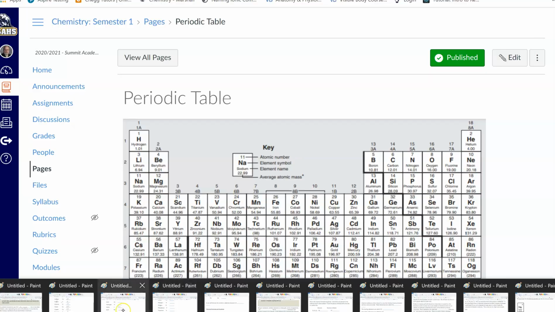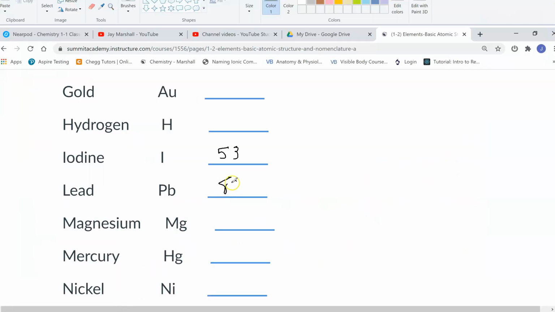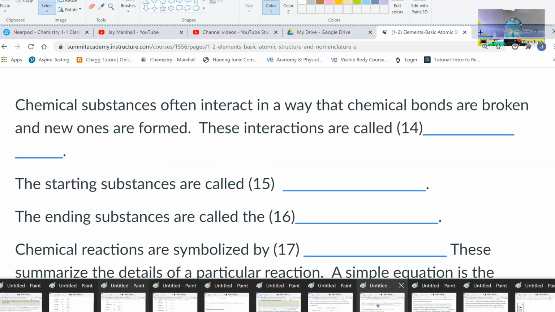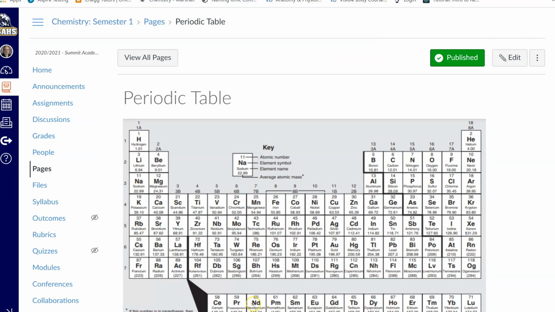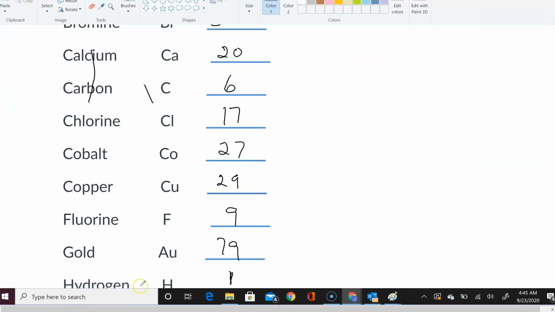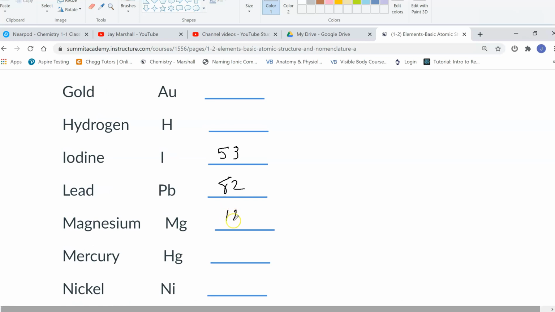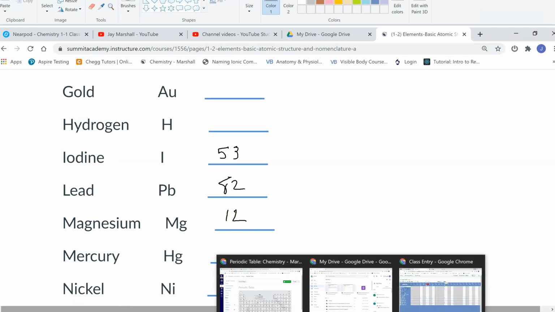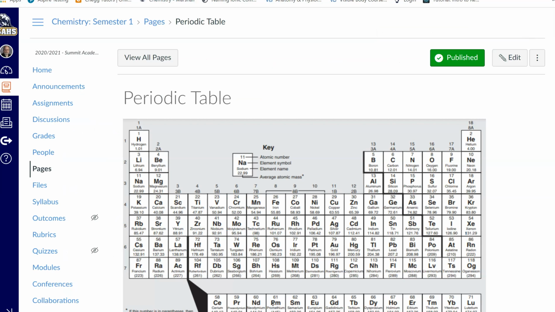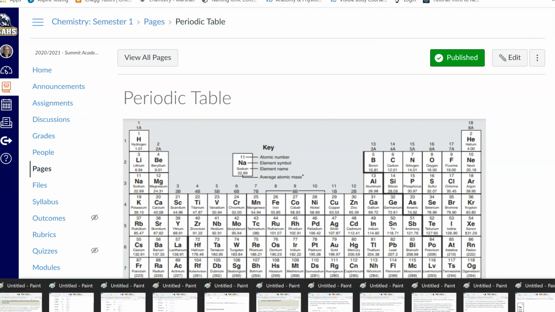Magnesium, I can already tell you, is going to be element 12. Mercury is going to be down here. Hg is number 80.